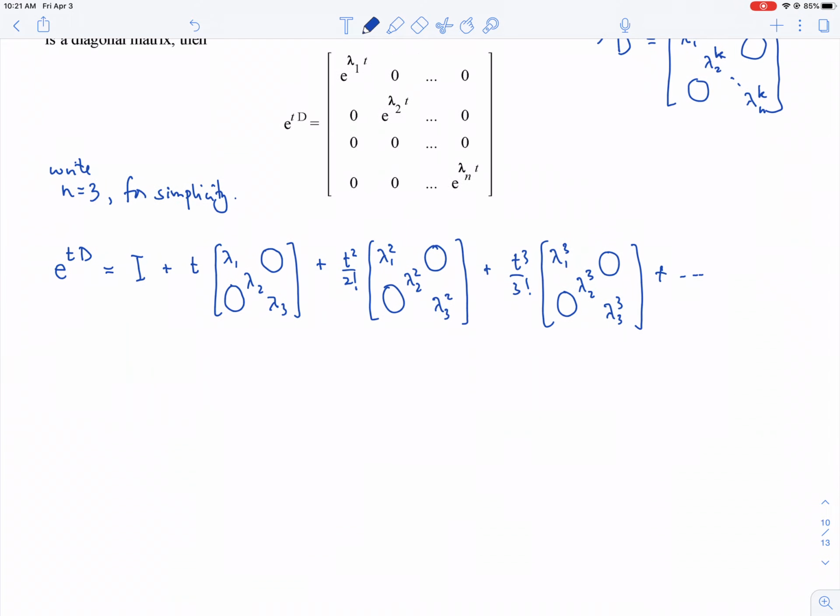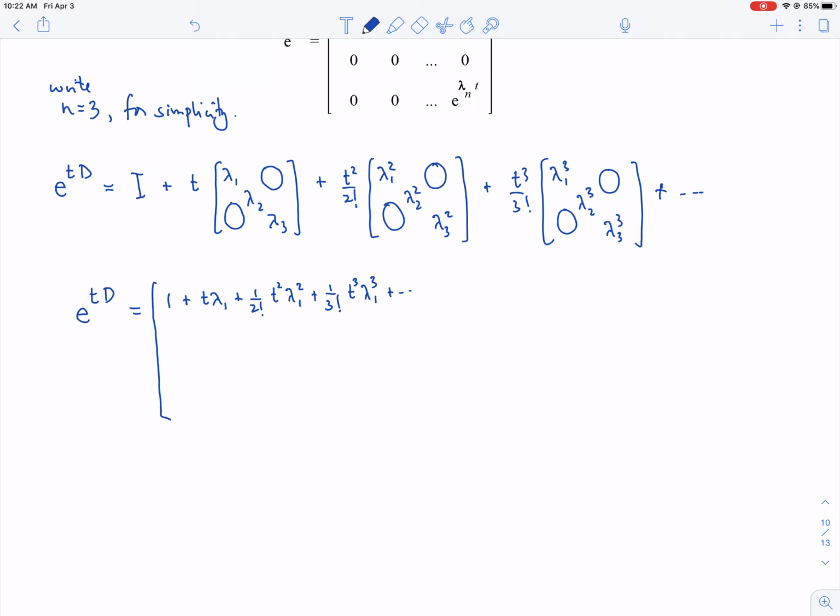And when you look at this sum, all the off-diagonal entries are 0 in each term, so also in the sum. And when you look at the diagonal entries, for example, the 1, 1 entry, you will see a 1 plus a t lambda 1 plus a 1 over 2 factorial t squared lambda 1 squared plus a 1 over 3 factorial t cubed lambda 1 cubed, and so on.